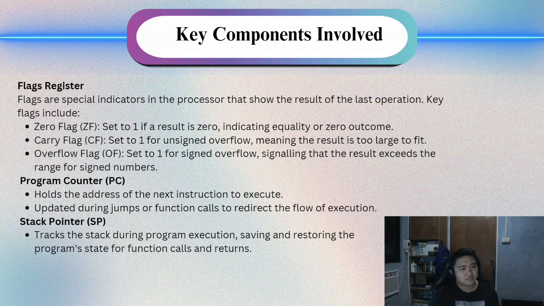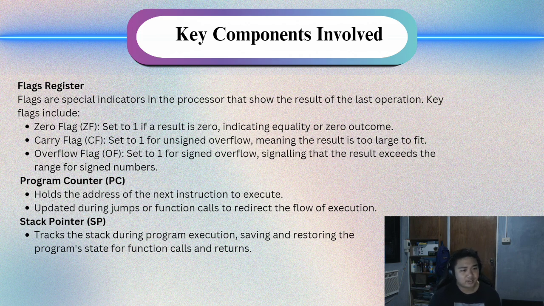Key components involved: the flag register. Flags are special indicators in the processor that show the result of the last operation. Key flags include the zero flag, set to 1 if a result is 0, indicating equality or a zero outcome.